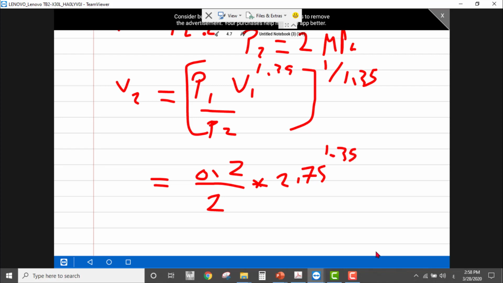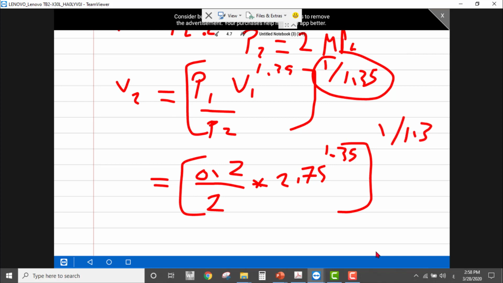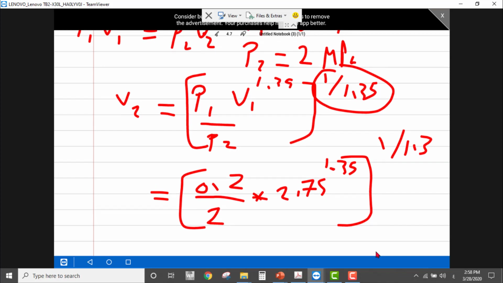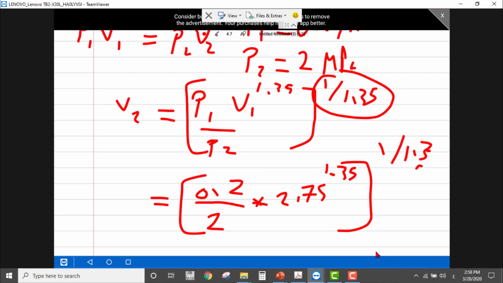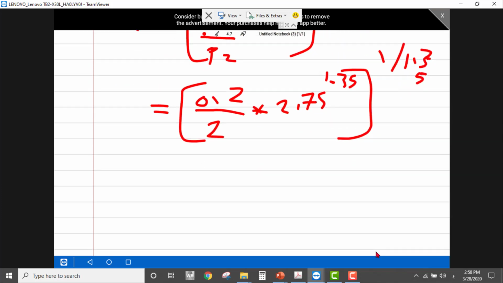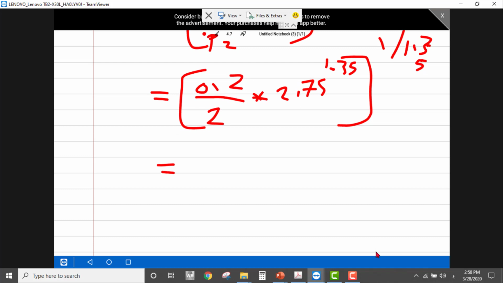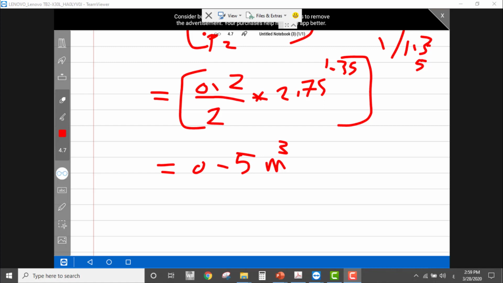You can multiply each term with this power so you cancel the superscript of V1, or you leave it as is, 1.35. Then we have the power 1 over 1.35. So this is equal to 0.5 meter cube.